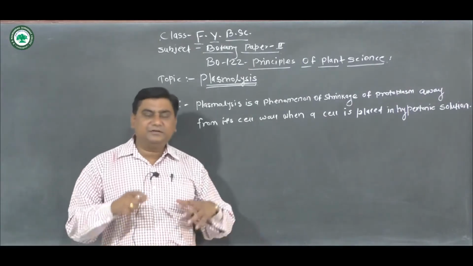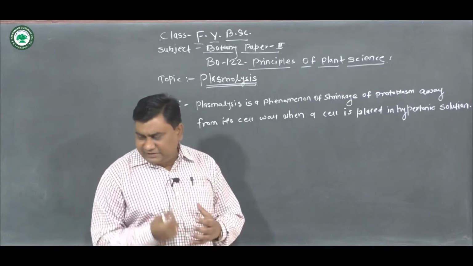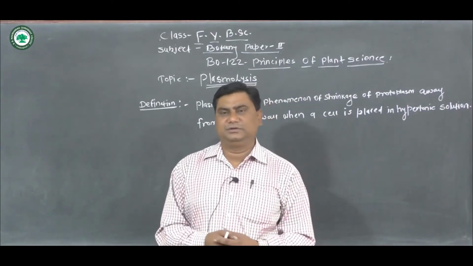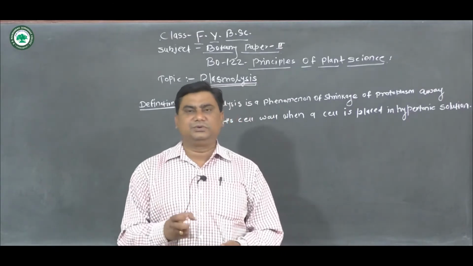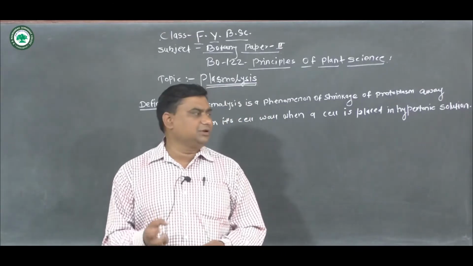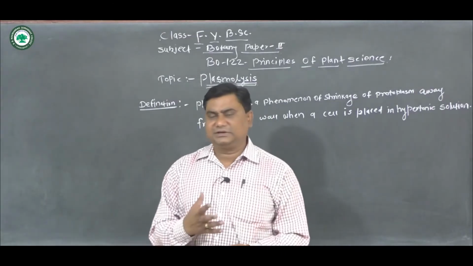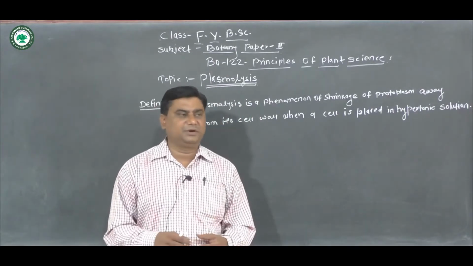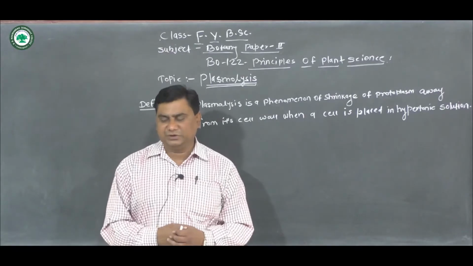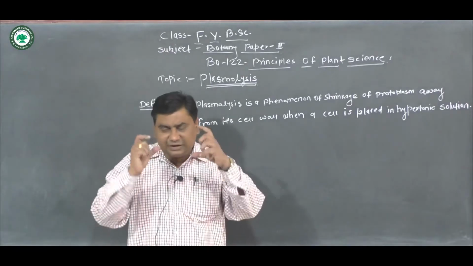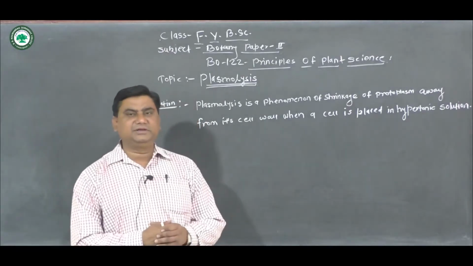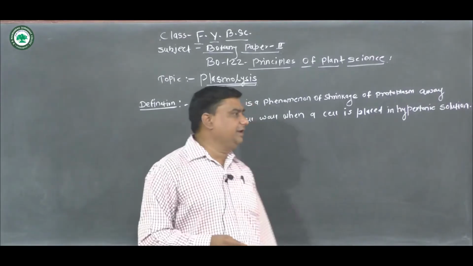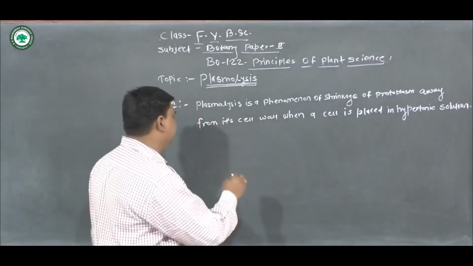If a turgid plant cell is placed in a solution that has more solute, what we call a hypertonic solution. In the previous video we discussed what is solution, solute and solvent, so there is no necessity to discuss it again.